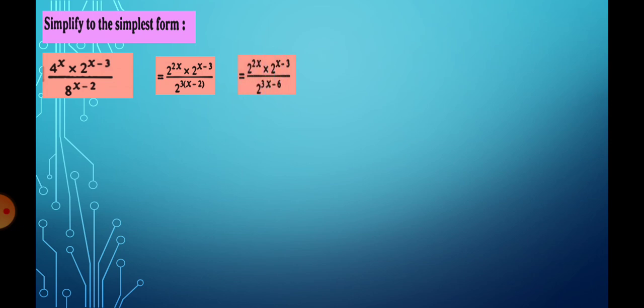The numerator is as it is: 2 to the power 2x times 2 to the power x minus 3, over 2 to the power 3x minus 6. 3x minus 6 means 3 times x and 3 times 2. Here we drop the same base 2 and add the powers in the numerator, minus the power of the denominator.